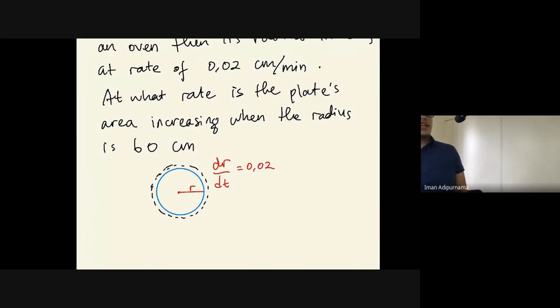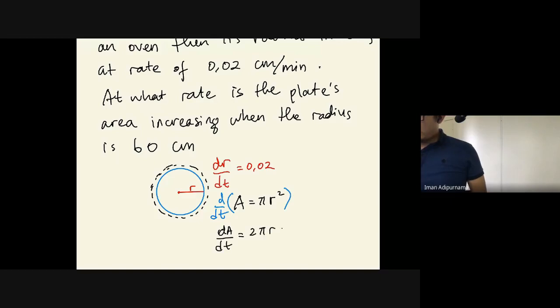Because it's asking about the area of the circle, we first write the area of a circle. And then, like I said before, for any equation you have, derive it with respect to t. So you have dA/dt is 2 pi r dr/dt. Because it's asking for the area, it means dA over dt.